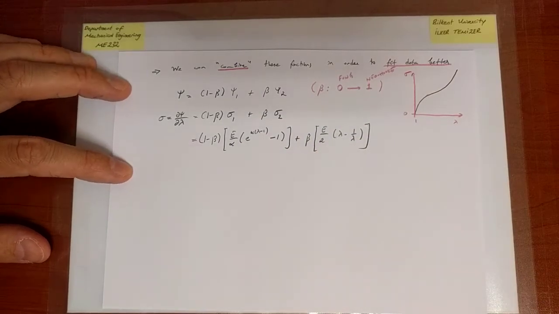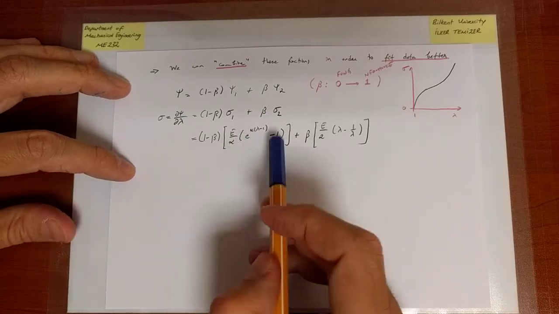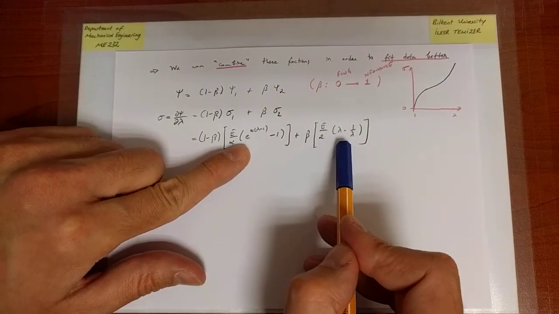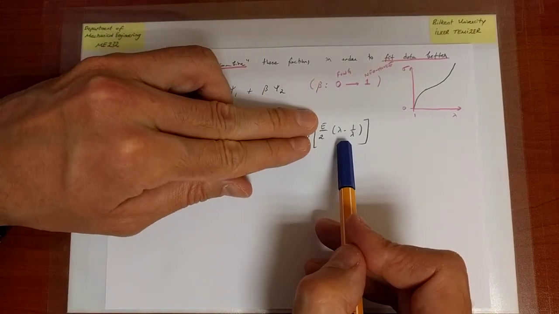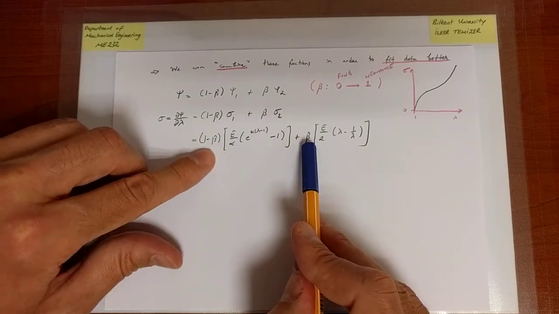Now when I look at that model, I see that maybe some part of it is not going to do very well under compression, but this part certainly does very well under compression. This part did not have any free parameter, but now it has a free parameter, and moreover, I have yet another free parameter, beta.